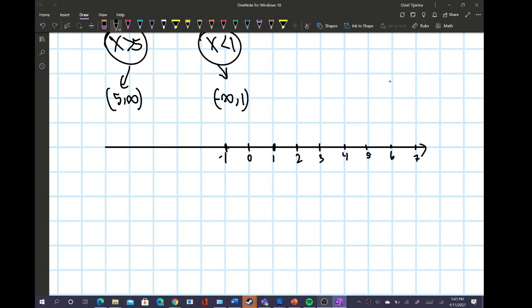Basically you have negative 1, negative 2, negative 3, negative 4, negative 5, and so on and so forth.